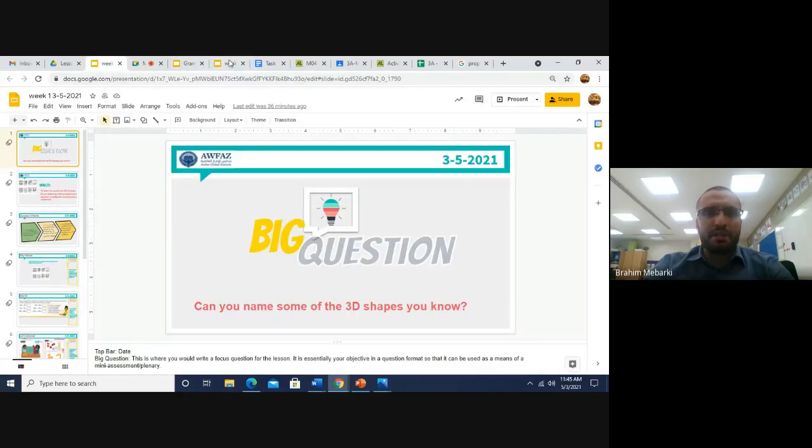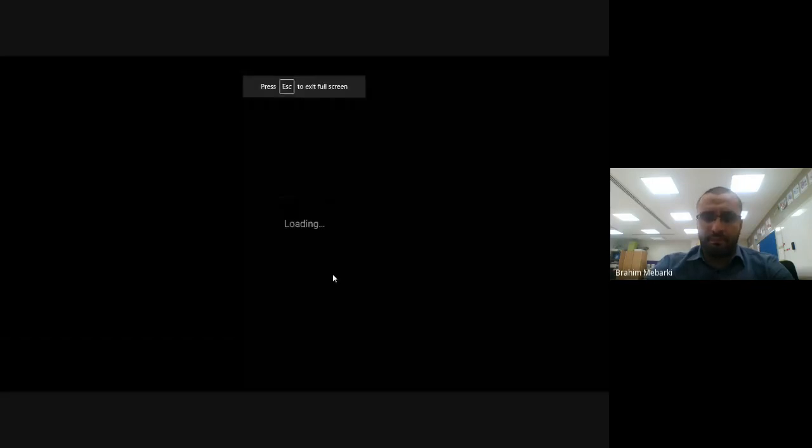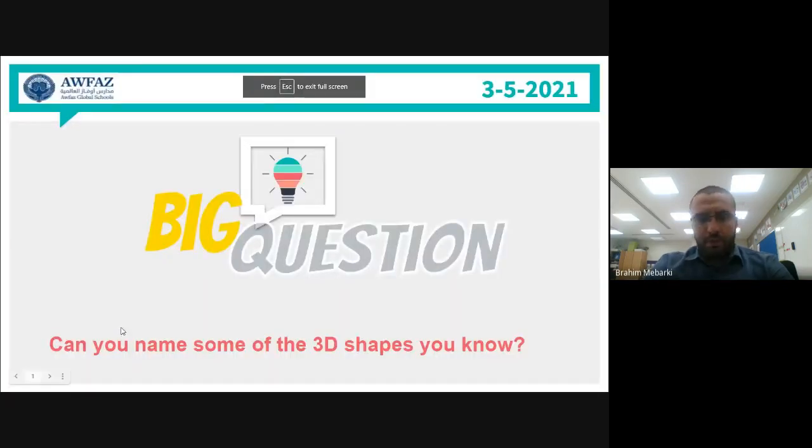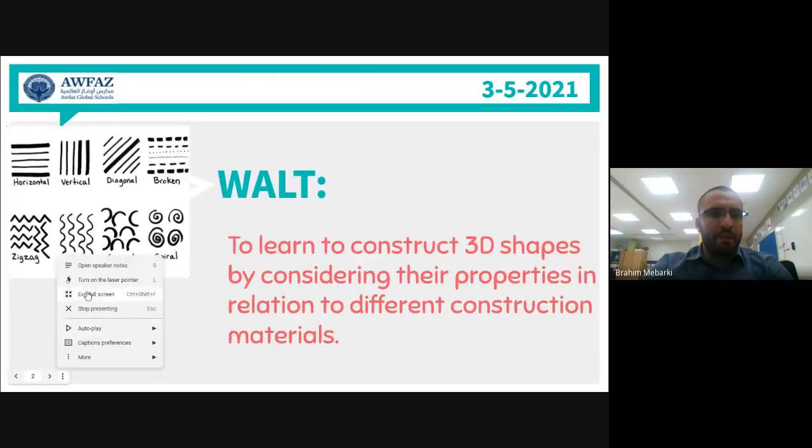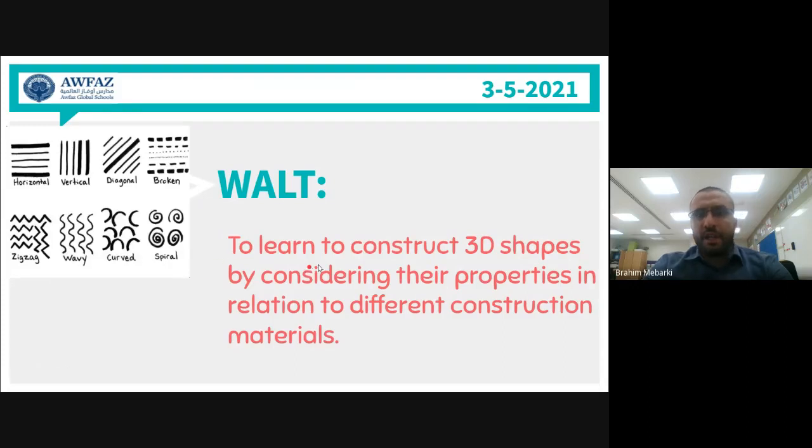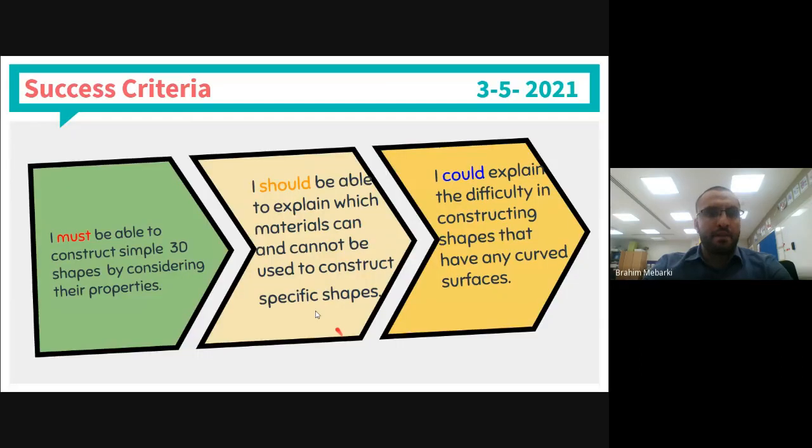Let's go back to our lesson. Today you're going to be learning to construct 3D shapes by considering their properties in relation to different construction materials. I am expecting all of you to be able to construct simple 3D shapes by considering their properties.